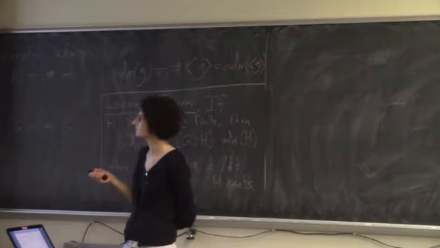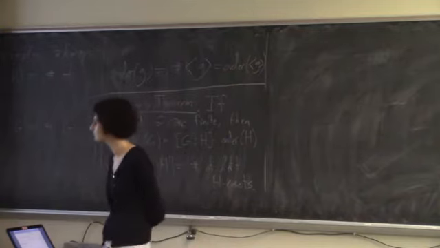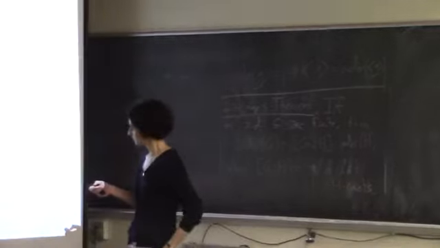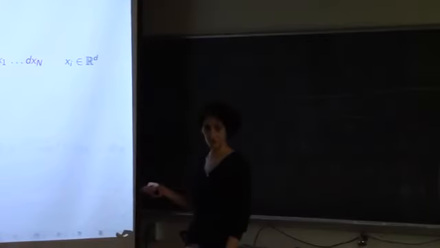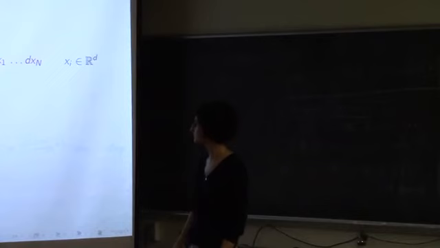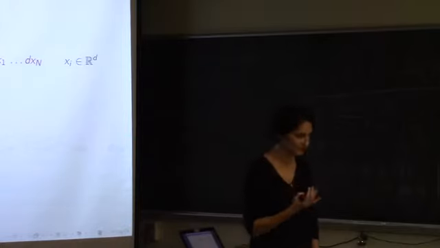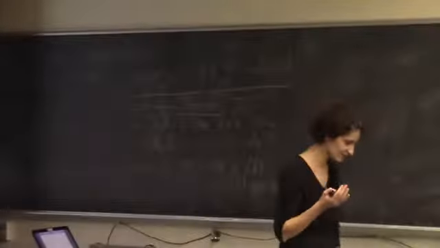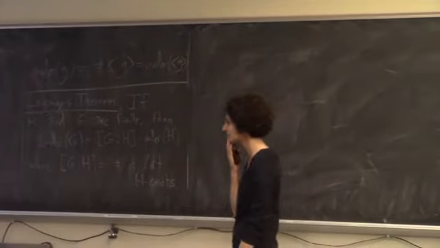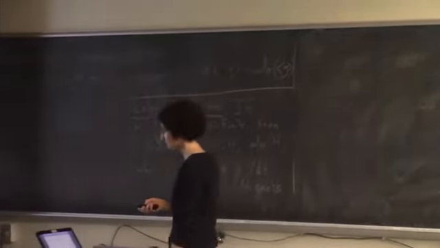So here beta is normalized by beta over 2. And you divide by a certain number, which is called the partition function, which is just the normalization factor which will make this thing a probability density. Okay, so it integrates to 1. So this is the standard setting of statistical physics with this particular energy.